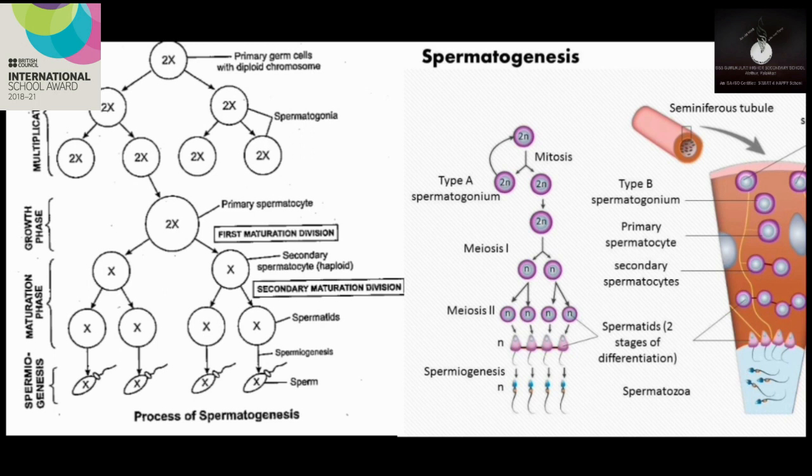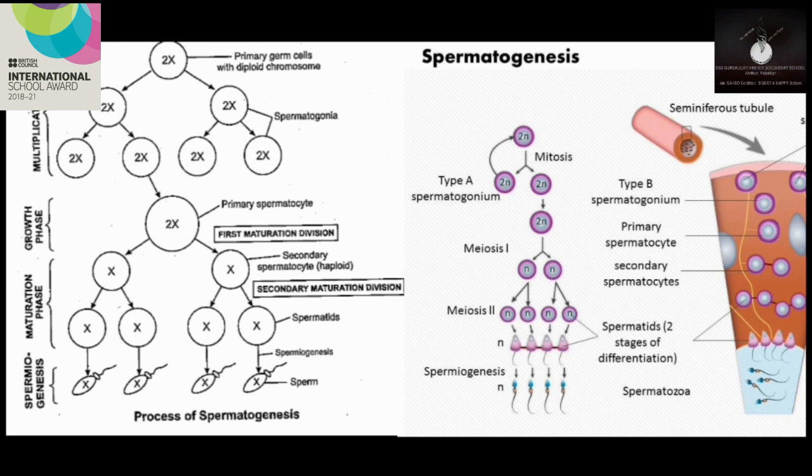As a result of the second meiotic division, four haploid equal sized spermatids will form. So, the change of primary spermatocyte into the form of spermatid is known as maturation phase, or we can divide the events under maturation phase.